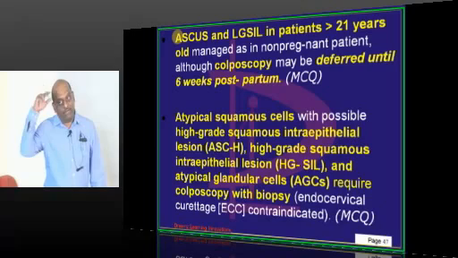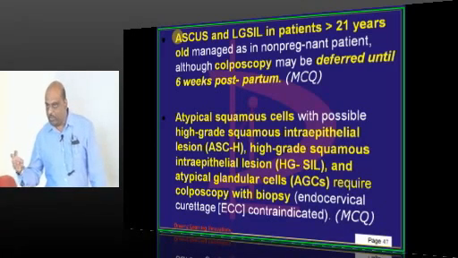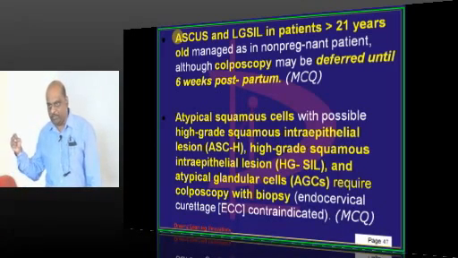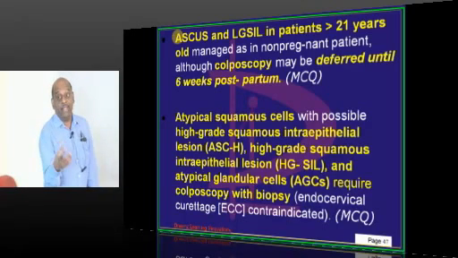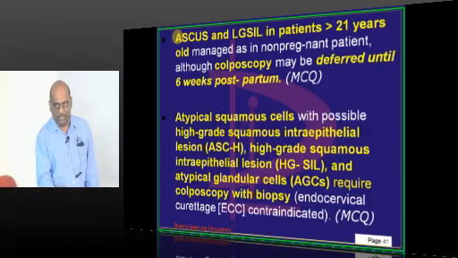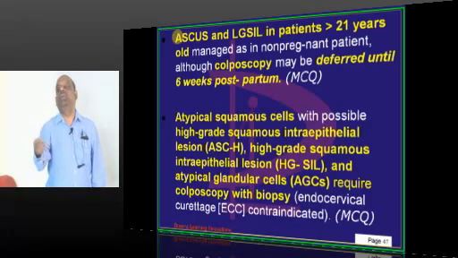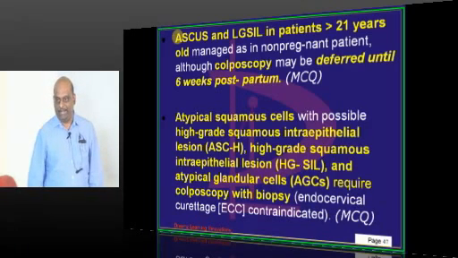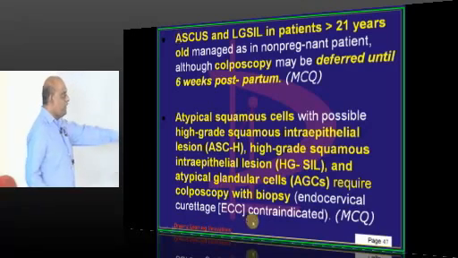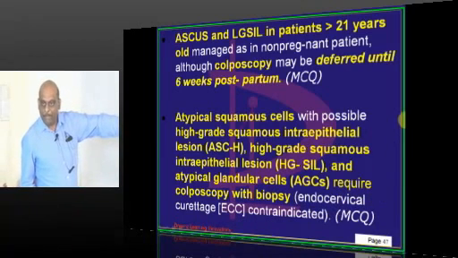Typically you will do endocervical curettage. From the ectocervix you can do a cone biopsy. But from the endocervical area, if adenocarcinoma is suspected, you need to do endocervical curettage. That part of endocervical curettage you won't do in pregnant women. That is contraindicated. But still you will do colposcopy with biopsy.